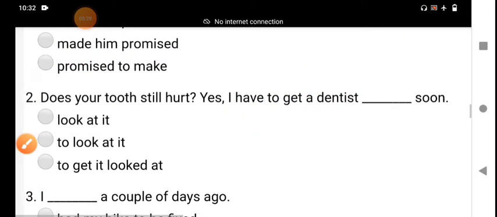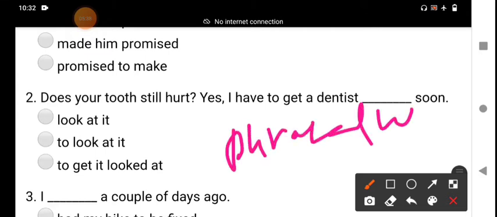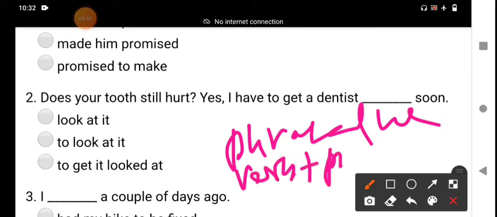And then we go to the second one, that is more important. Here it is not a causative verb, it is a phrasal verb. We have already known a phrasal verb is a verb plus a preposition or adverb particle. What is the meaning of look at?